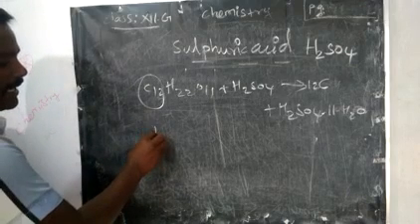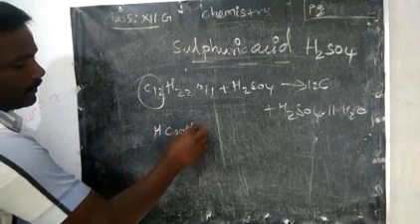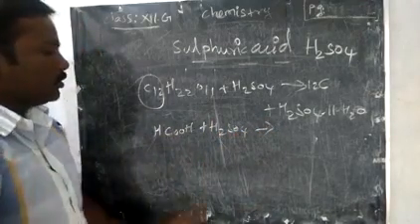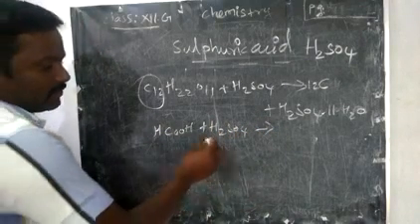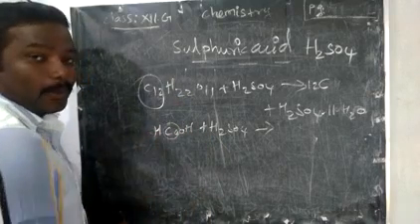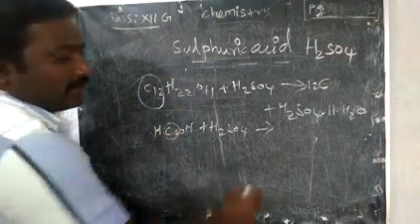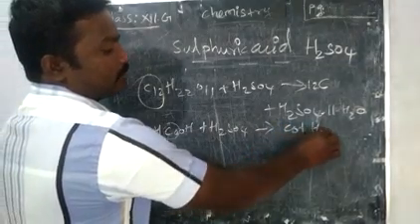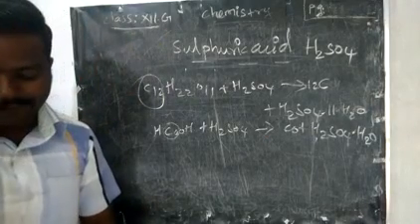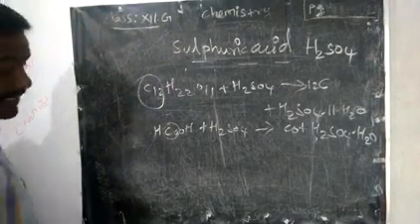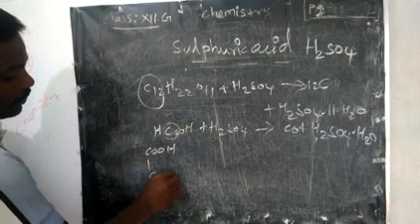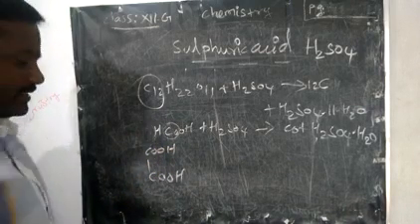Then with formic acid and H2SO4, what will happen? Here also monohydrate, because one carbon will go out as carbon monoxide, and the remaining is water. So CO, and H2SO4 with H2O, monohydrated sulfuric acid will form. With oxalic acid, what's the structure of oxalic acid? COOH, given twice.